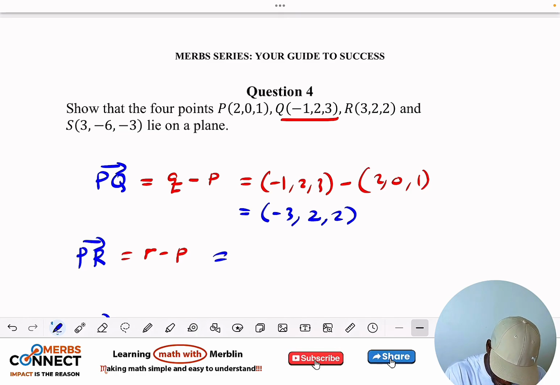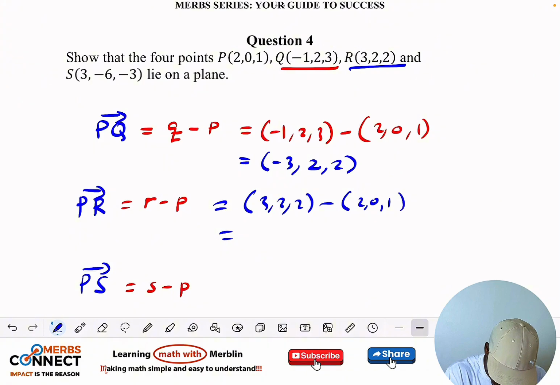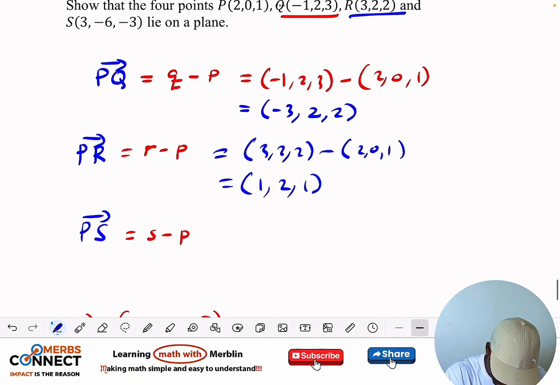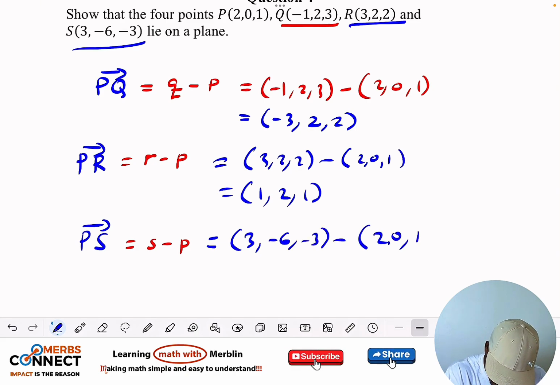Here, R is this. So I'm going to have 3, 2, 2 minus 2, 0, 1 again. So 3 minus 2 is 1. 2 minus 0 is 2. And 2 minus 1 is 1. Then the last one, this is S. So 3, minus 6, minus 3 minus 2, 0, 1.